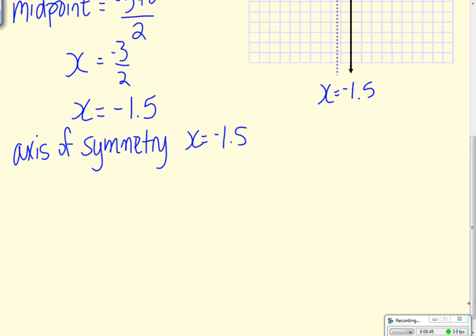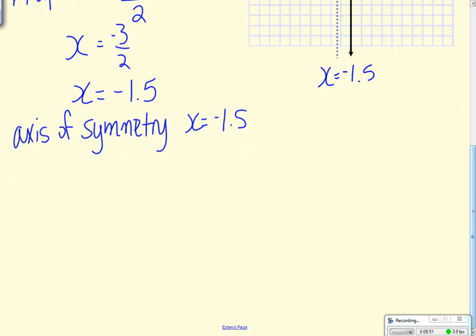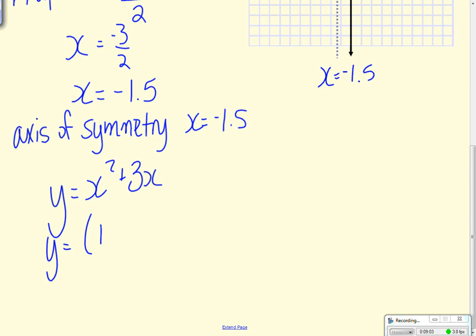Now, to find our midpoint, we just have our original equation, which is y equals x squared plus 3x, and we put in our point for our axis of symmetry. So that's going to be 1.5. So 1.5 squared plus 3 times 1.5.